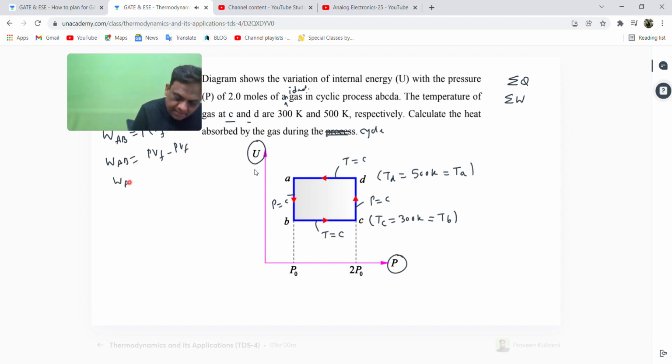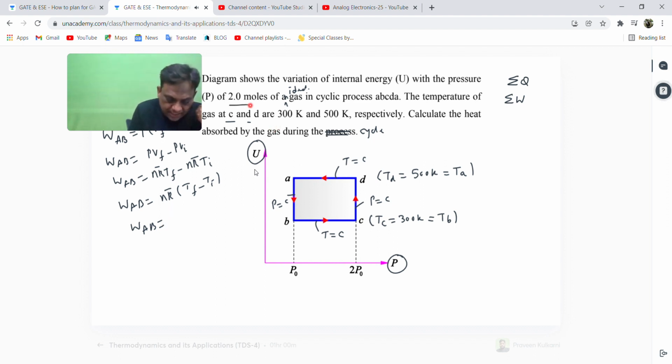What is PV? PV can be written as N R bar T final minus N R bar T initial. Wonderful, my dear students. So work in AB is equal to N R bar taken out, T final minus T initial.